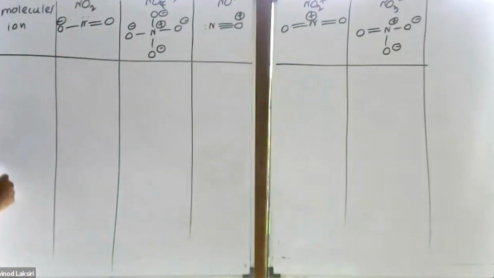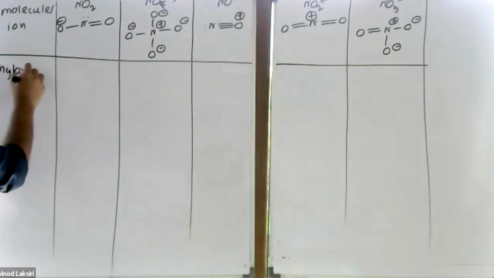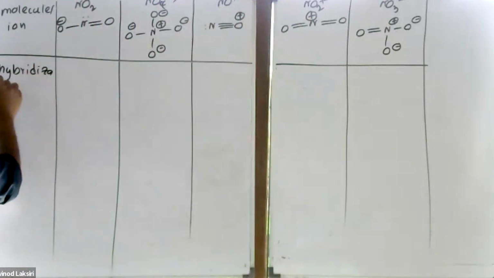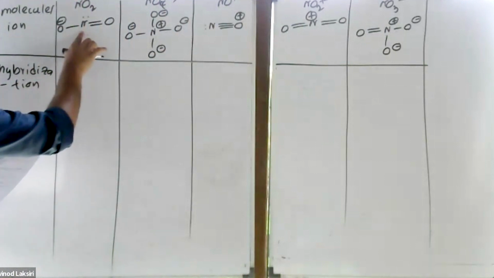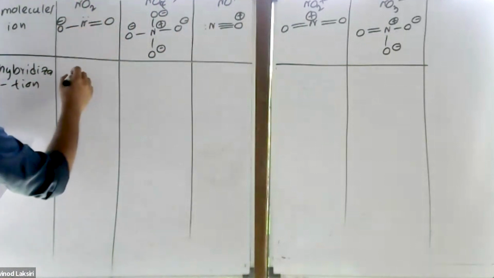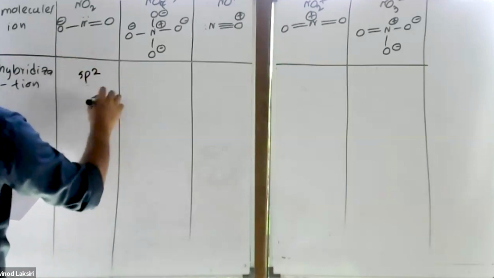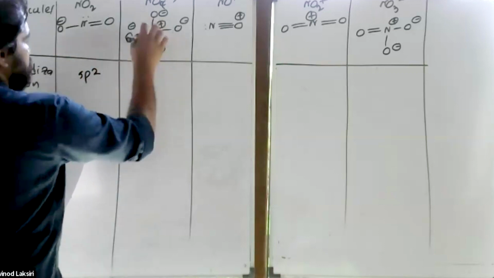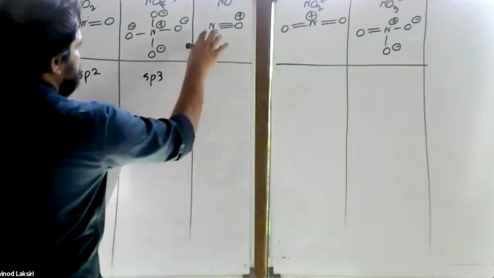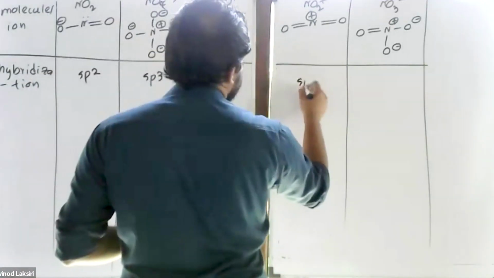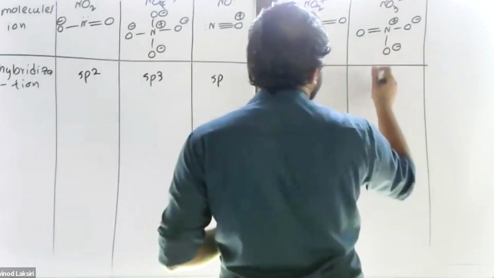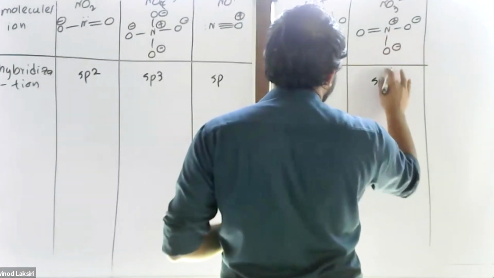Then I will consider the first factor. What is the first factor? Hybridization. What is the hybridization of nitrogen? 1, 2, 3, that means sp2. 1, 2, 3, 4, sp3. 1, 2, sp. 1, 2, sp. 1, 2, 3, sp2.